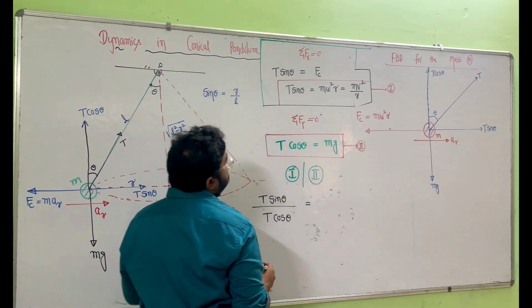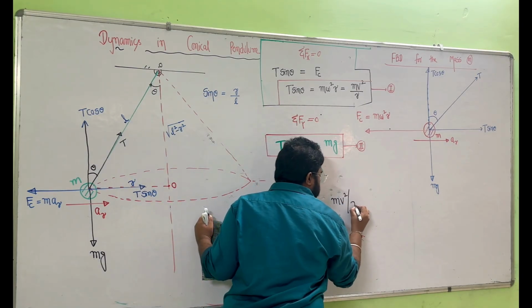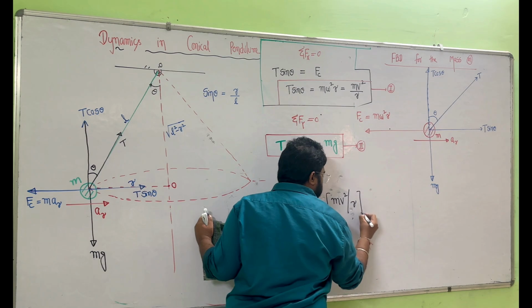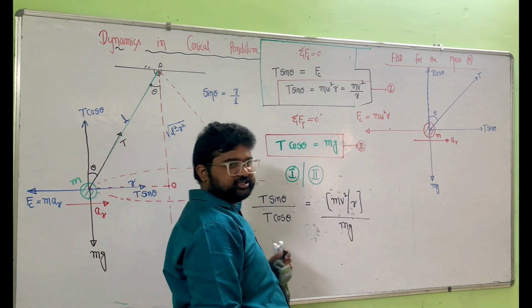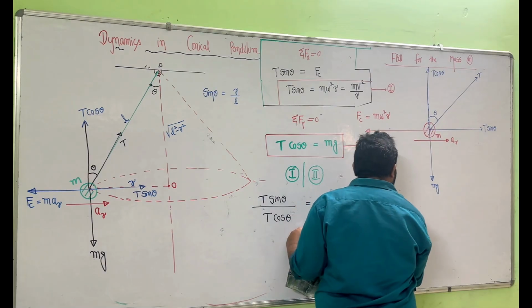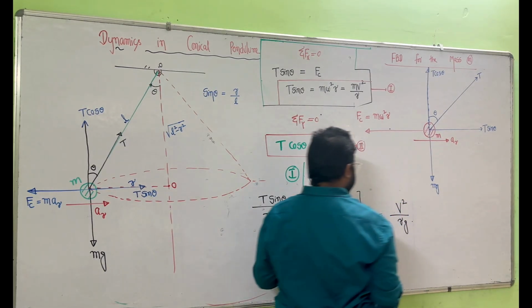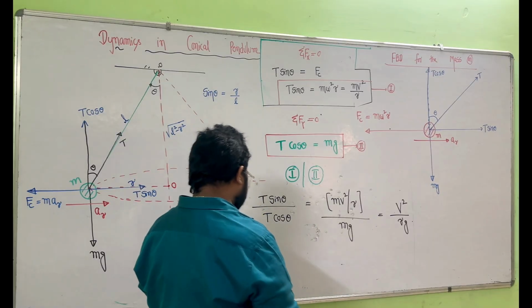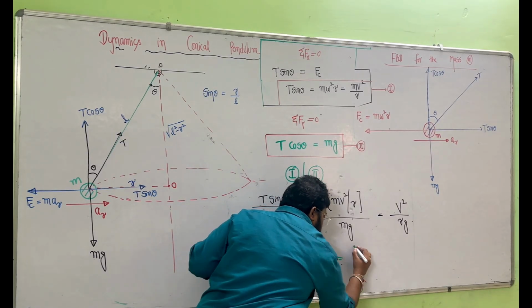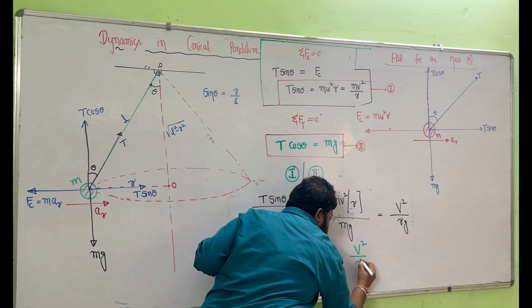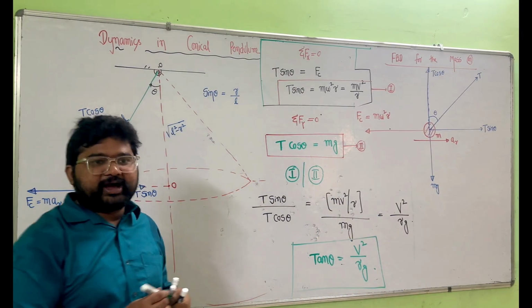T sin theta by T cos theta equal to M V square by R by mg. Mass gets cancelled out. Tan theta equals V square by rg.